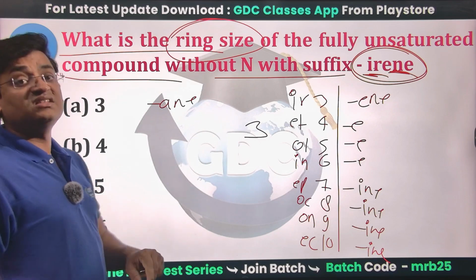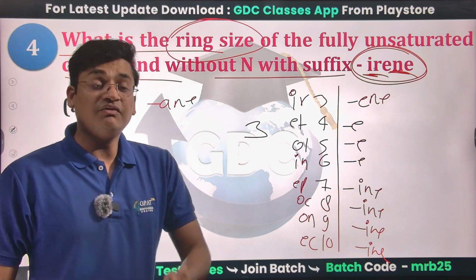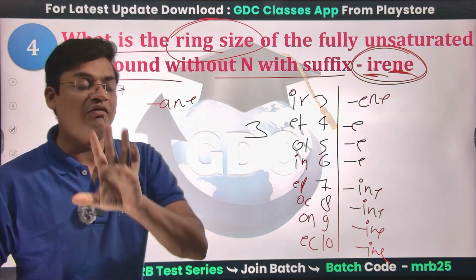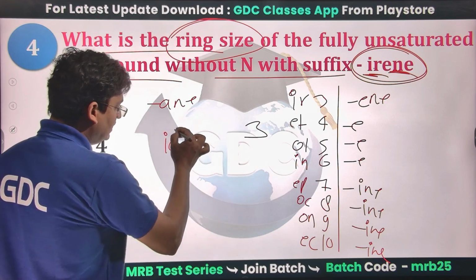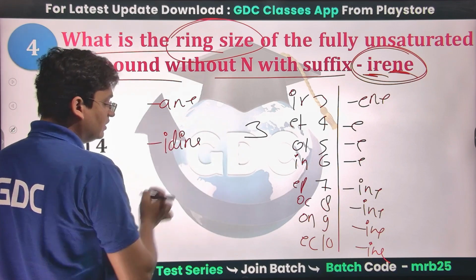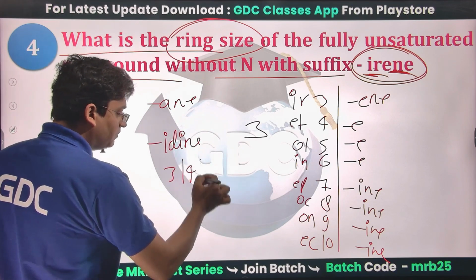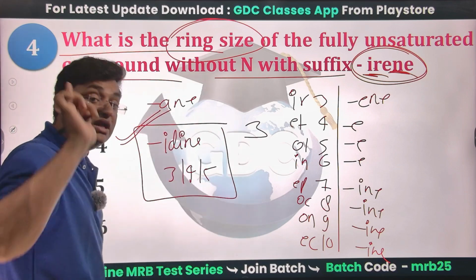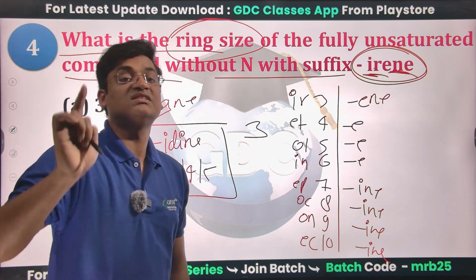But there is an exceptional case for nitrogen. If a nitrogen containing ring is there and it is saturated, then you have to use IDINE. That is idine for 3-member, 4-member and 5-member ring. So idine will be used only when nitrogen is present and the ring is saturated.